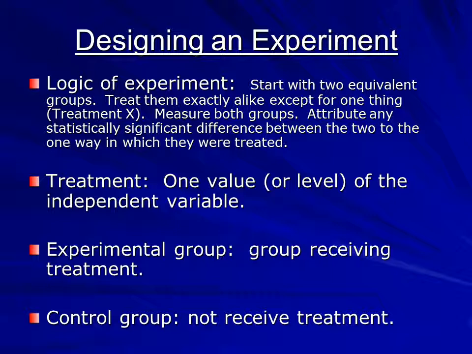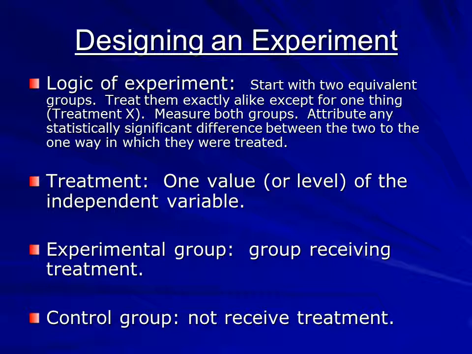So how do you make them as equivalent as possible? Typically, it's randomization. It's probably the easiest, quickest way to do that. So you randomly select people into 1 of 2 conditions. The conditions are you give one of them a drug and one of them a placebo. You treat them exactly alike except for the one thing, the placebo or the drug. That's treatment, yes or no. Measure both groups after a time period.